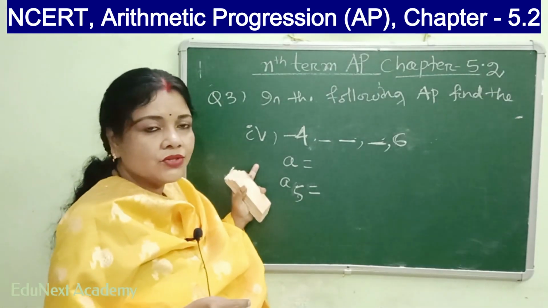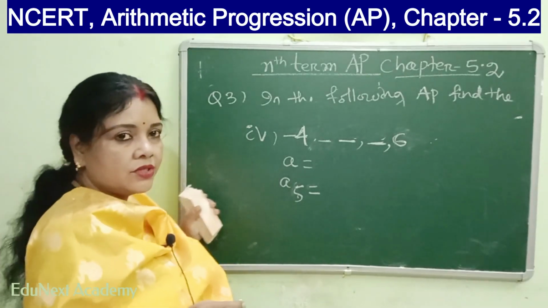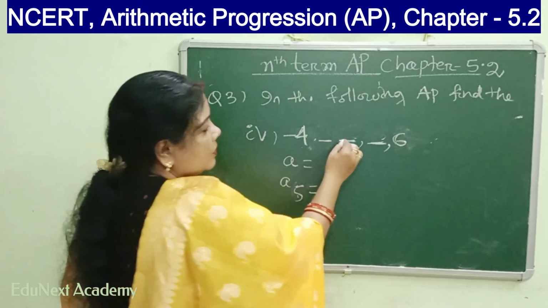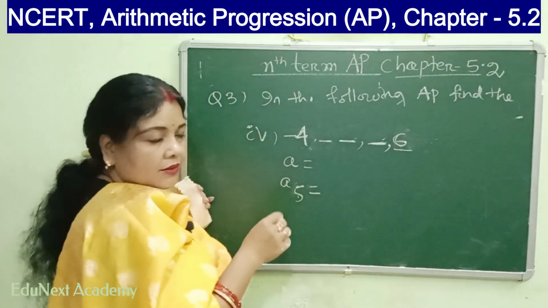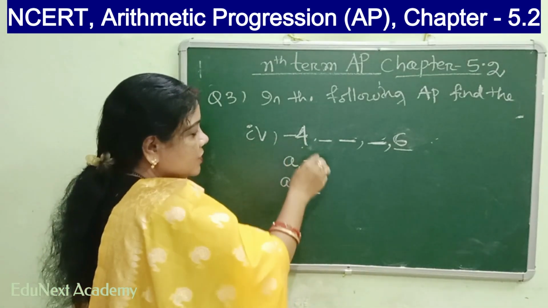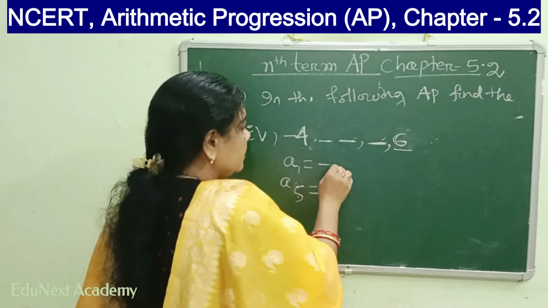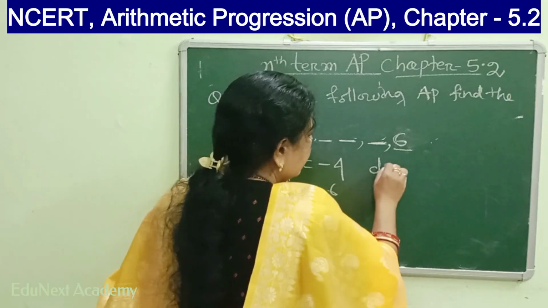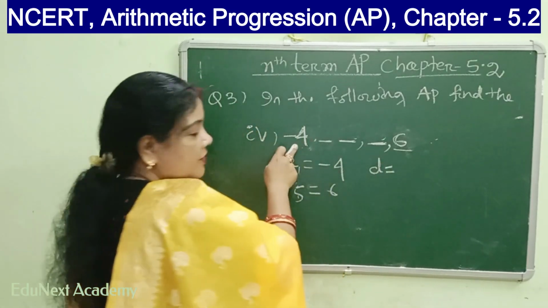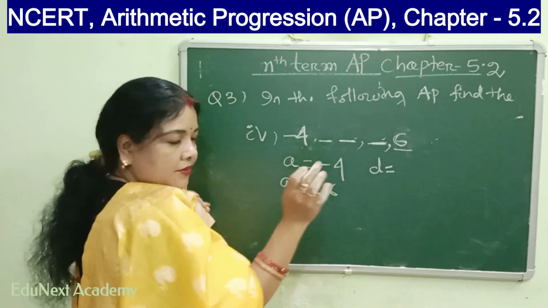Now let us solve question number 3ID. The question is given, the first term is minus 4. In between 3 terms are missing, the last term is 6. Okay. So A1, that means the first term, is equal to minus 4 and the last term is 6. We have to find out the difference: last term minus first term divided by the number of terms missing plus 1.